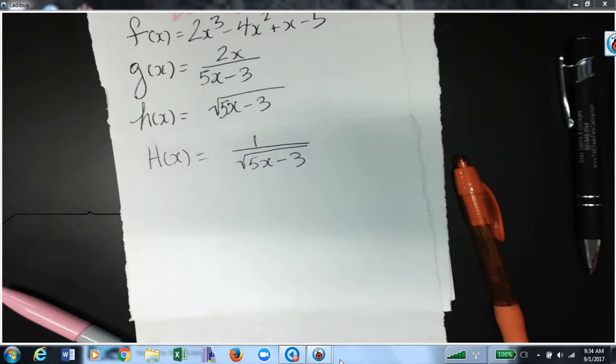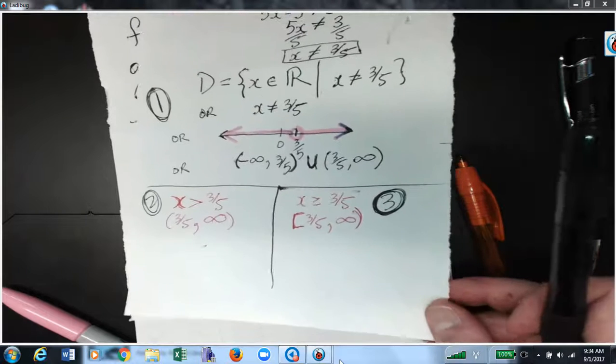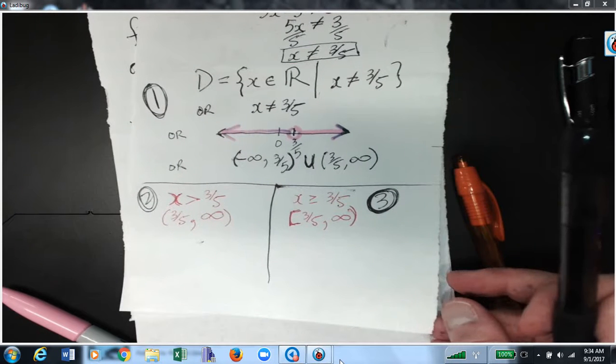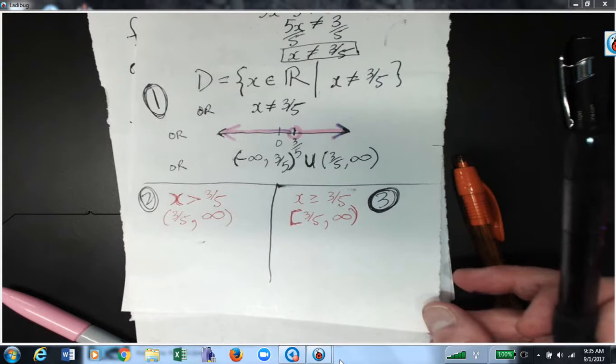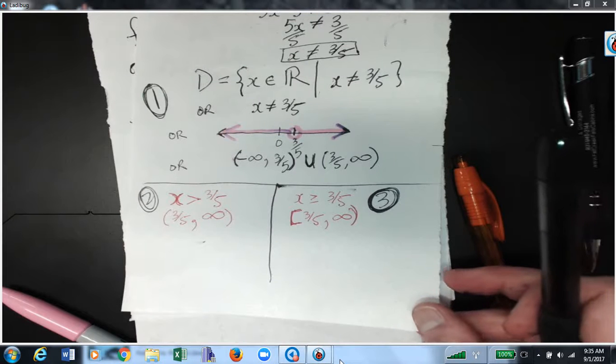What is X allowed to be? One, two, or three? Two. Okay, it's going to be 2.